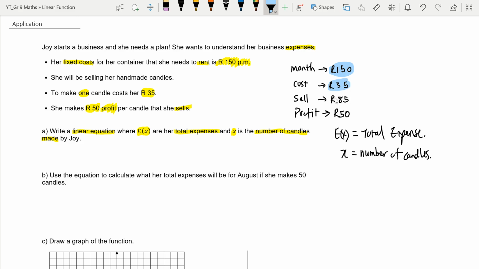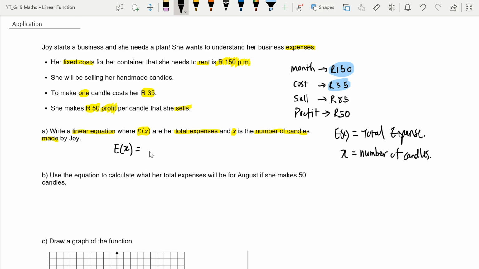All of that would be part of her expenses equation. So let's have a look. Okay, so we don't know how many candles she's making, so we can't say exactly her expenses will be 200 Rand. We're just going to write an equation that represents her total expenses.